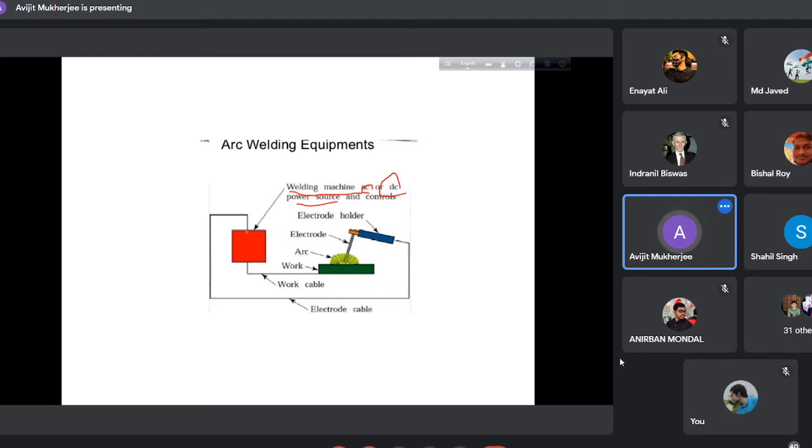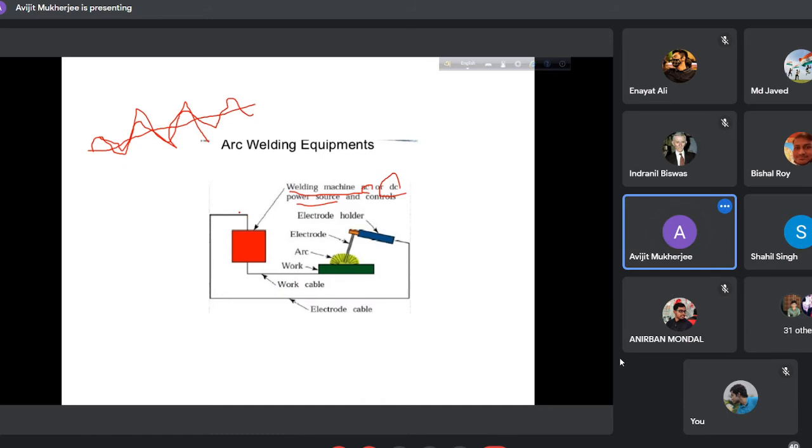In DC, the terminals are fixed, that is, the polarities are fixed. But in AC, because it is alternating, like the sine curve, sometimes plus, sometimes minus. So the terminals are changing their polarities, but only two such poles, electrodes, are there. That's why there are two cables.